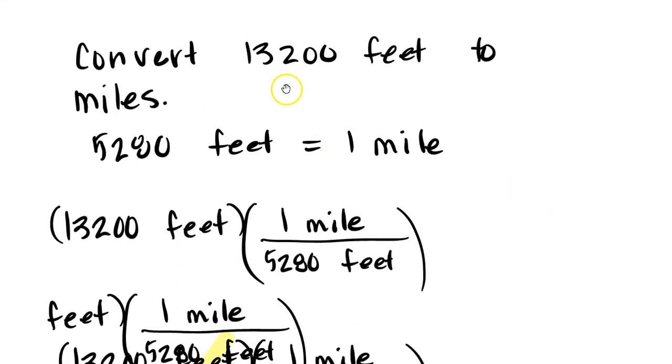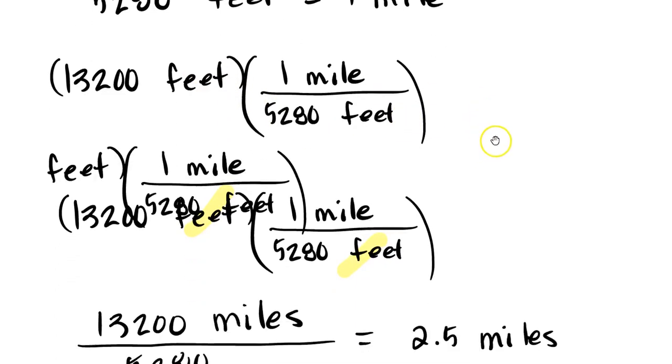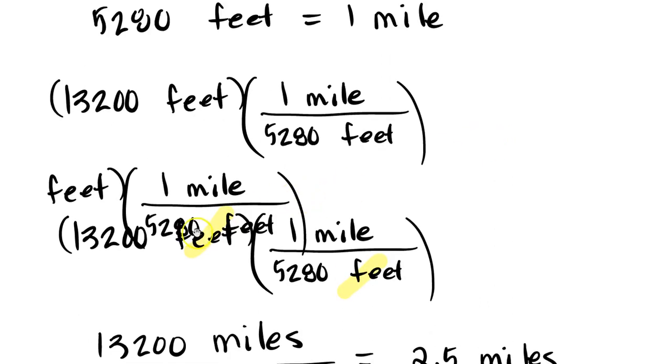Convert 13,200 feet to miles. We need to know what's equal. 5,280 feet equal 1 mile. So start with what you have. 1 mile is 5,280 feet. Feet needs to go on bottom to cancel with the feet on top. Oops, sorry, that kind of messed up there.